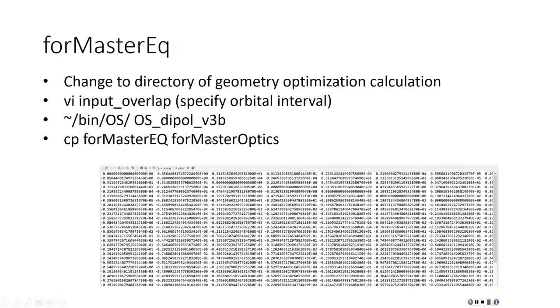Next, we can run this code, and after that, we get the full master EQ. This picture shows what the file looks like, and then we can just rename it or copy full master EQ to full master optics.